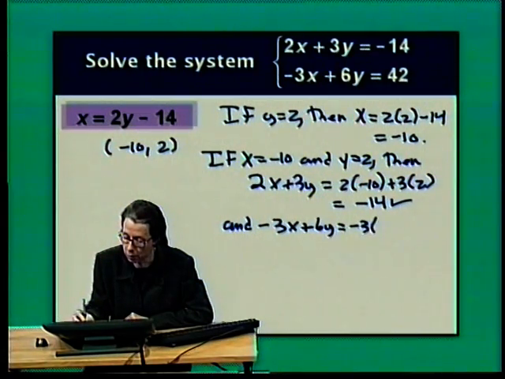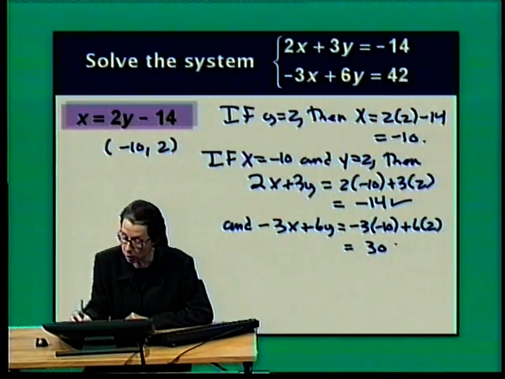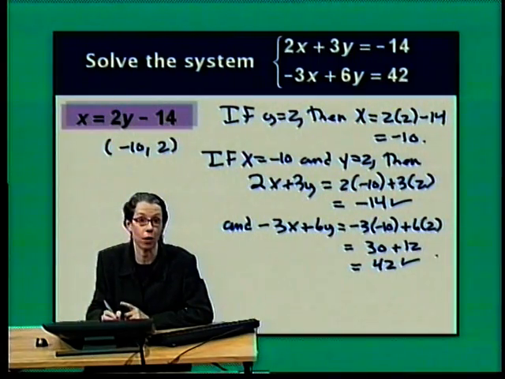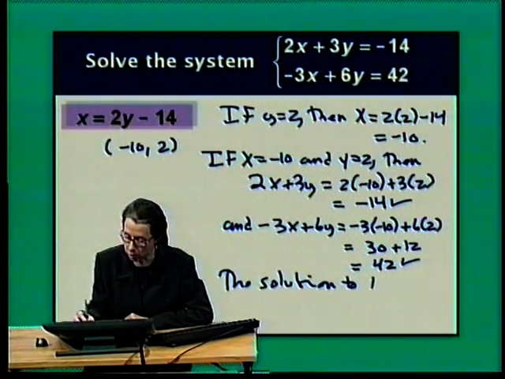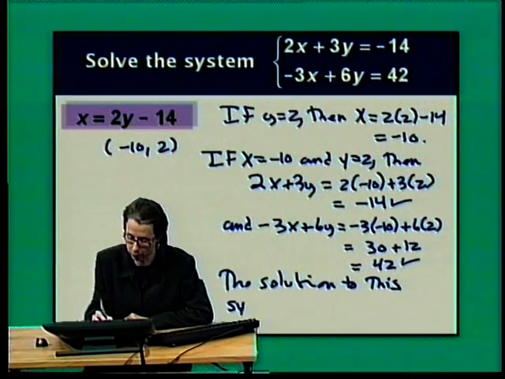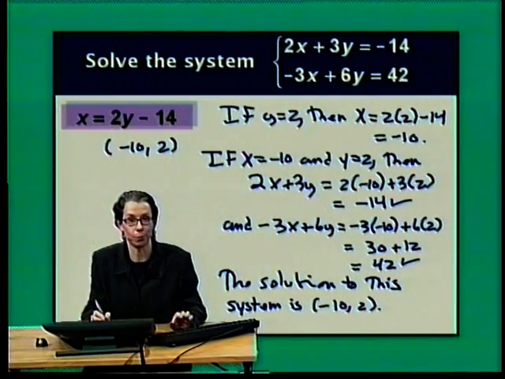That's going to be negative 3 times negative 10 plus 6 times 2, which is 30 plus 12, which is indeed 42. Our solution checks. So the solution to this system is the ordered pair negative 10, 2.